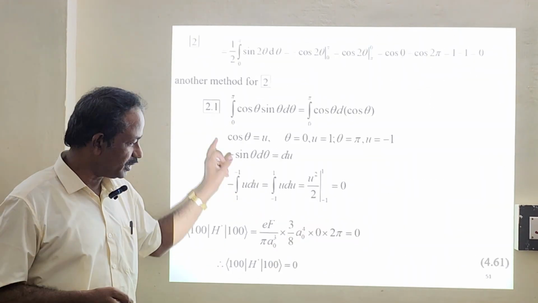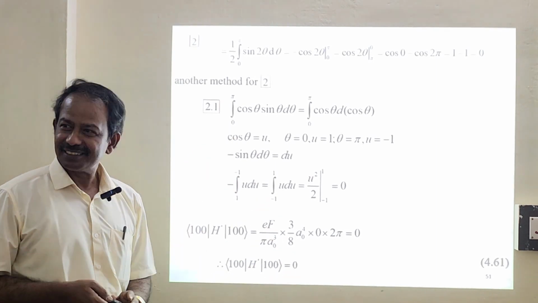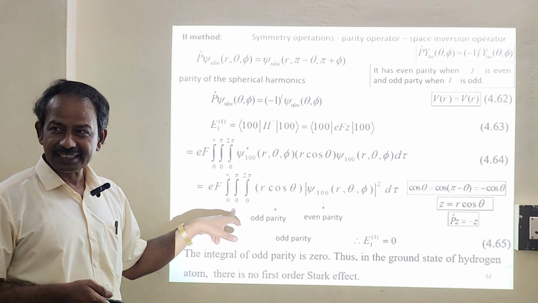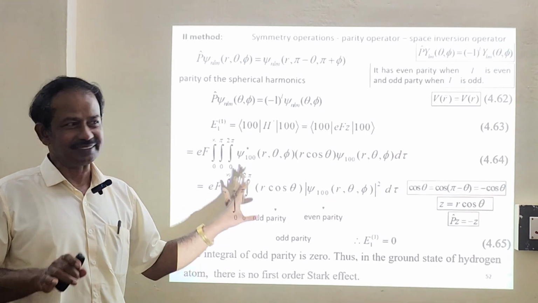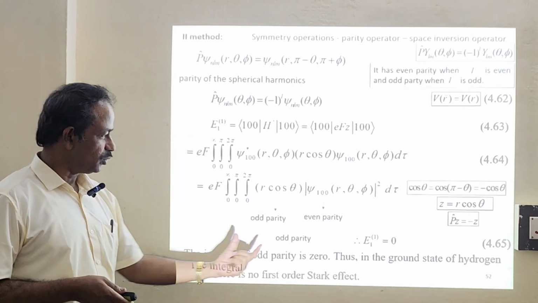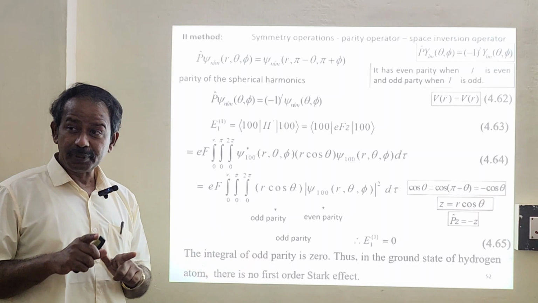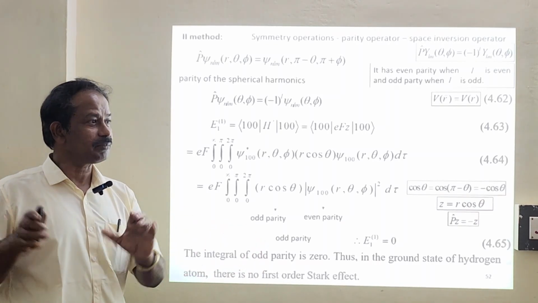Earlier we obtained the answer 0 after all the difficult integration. If you understand this concept, the answer is very simple, and you can write it in the exam. Integration of odd parity is always 0, while integration of even parity will have some answer.